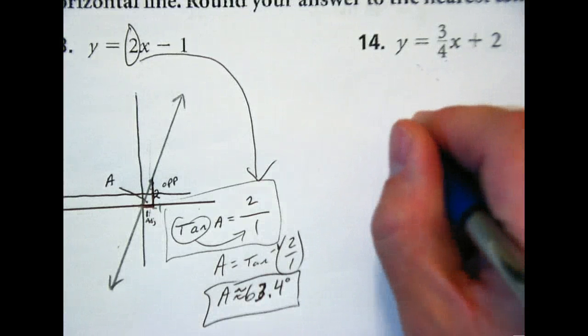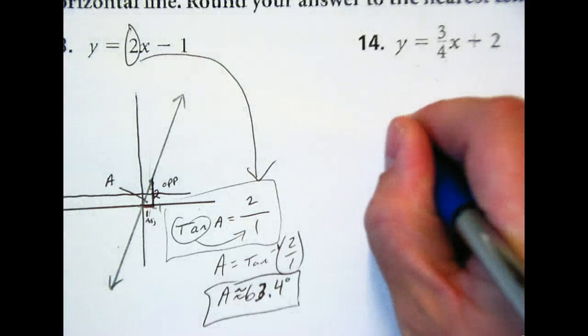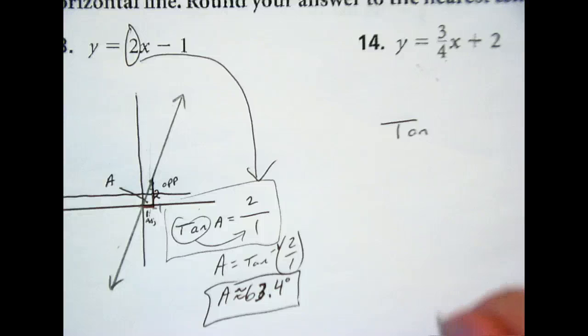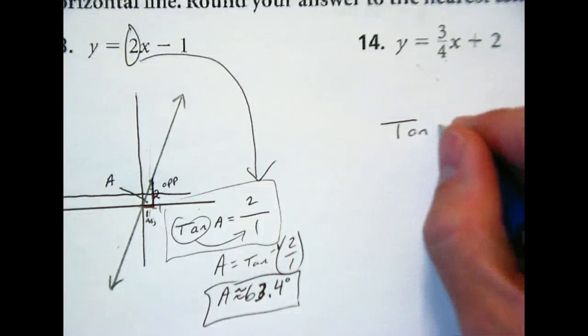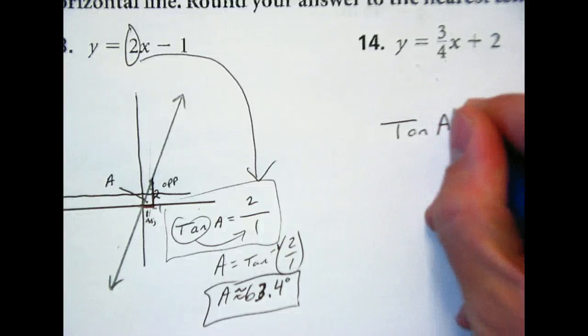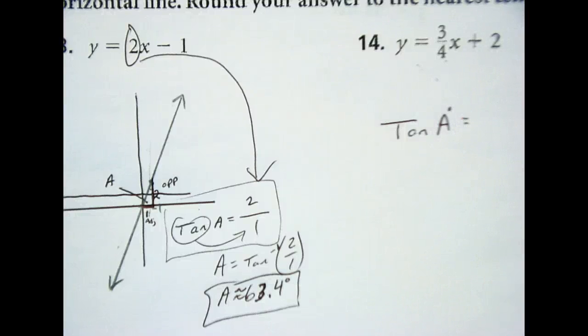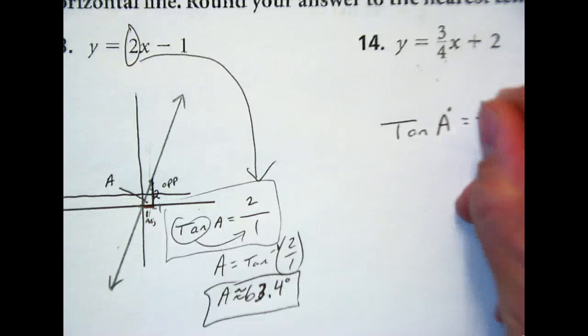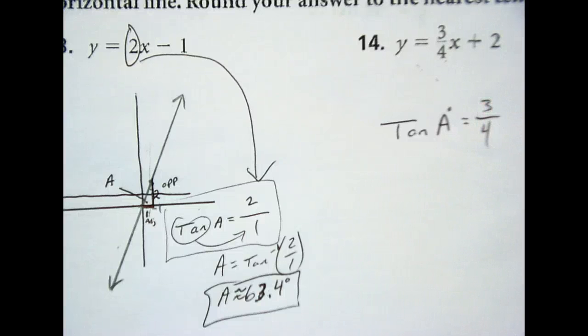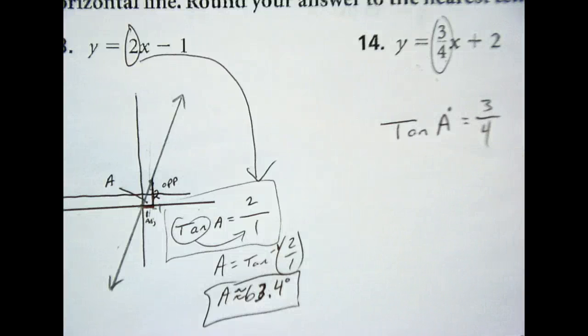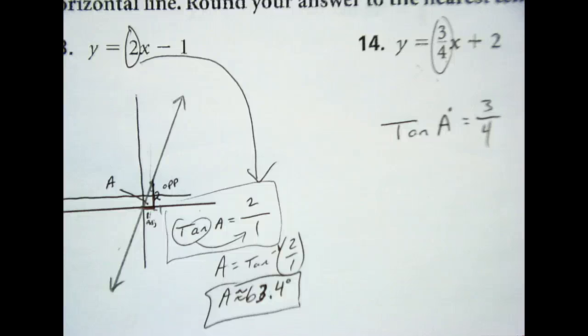Okay, show your neighbor now. If I'm sticking with tangent of angle A, it's equal to what over what? 3 over 4. How many got 3 over 4? Yeah, it's just your slope. Your tangent of your angle is equal to your slope, and then you solve from there.